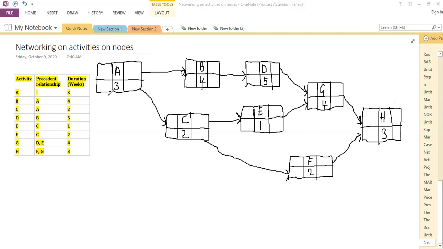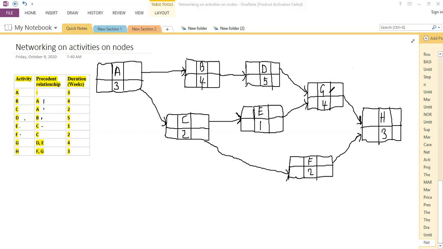We can check. Our activity A was to begin the project. And once it is completed, it becomes predecessor of both activities B and C, meaning B and C depend on A. Then once we have completed activity B, we can do activity D. So B is a predecessor of activity D. Then activity C becomes the predecessor of activity E and F. So once we have completed C, we can now begin with E and F. Activities D and E have to be completed for activity G to begin.